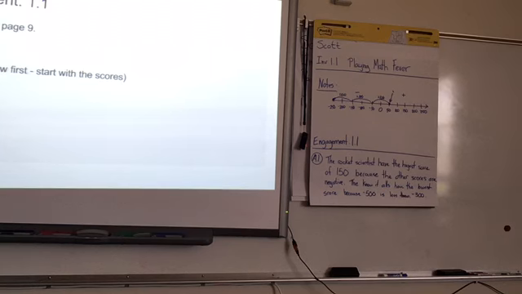So what I would do, I'm going to compare these two scores. I'm going to find the difference between these two numbers. So I'm going to go to the ducks. I'm going to put them up here. That's where the ducks are, right? Negative 200. Then we go to the cows. I'm going to put them on 100. And now I have to know how far is it from here to here. So how far is it from negative 200 to 0? 200. How far is it from 0 to 100?